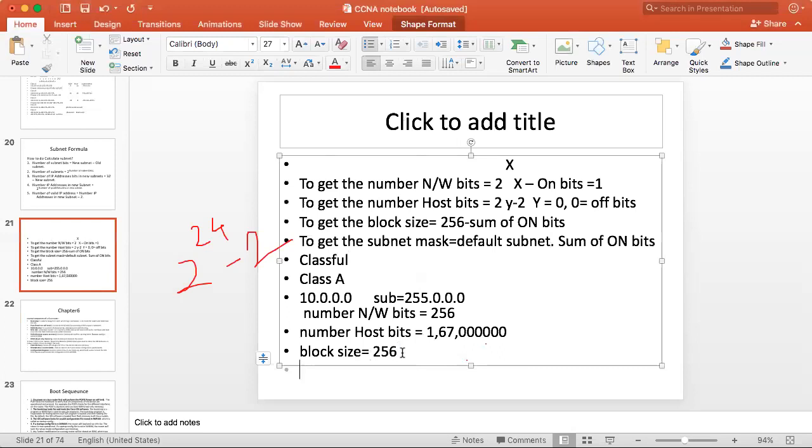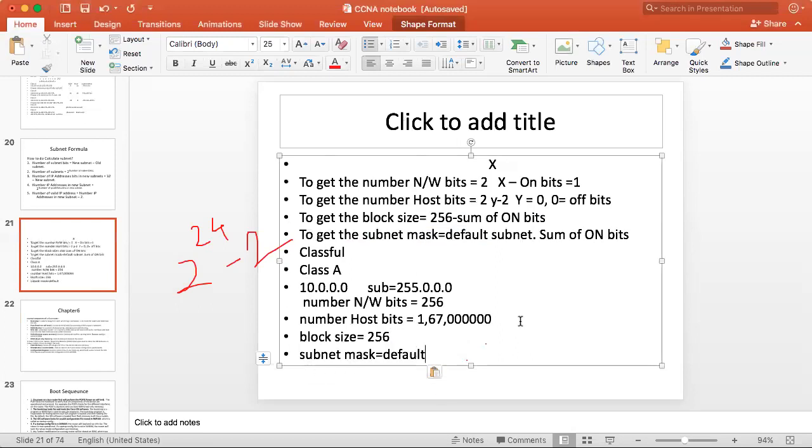And the subnet mask will also be constant, the default subnet mask, which is 255.0.0.0. If we are doing class A, we use the class A subnet mask. If we are doing class B, then the class B subnet mask.